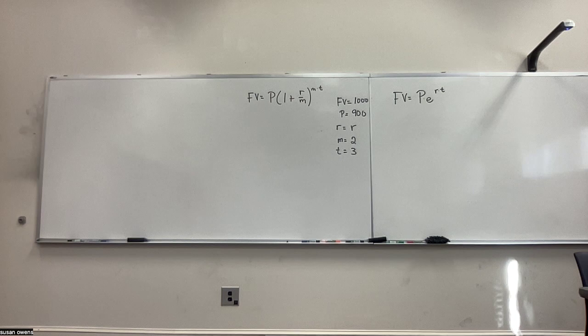Alright, and now you're still stuck in the same place. So that's to the sixth power, what's the opposite of taking something to the power? The root of it, right? So not the square root, but the sixth root.